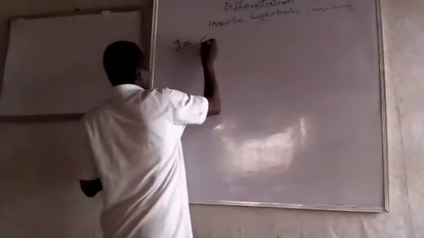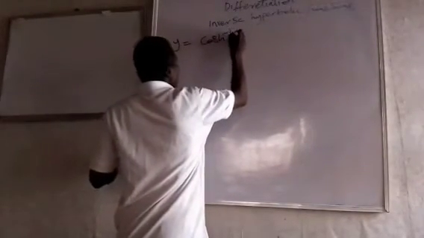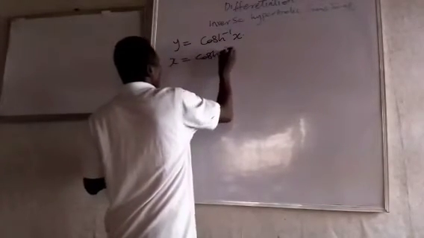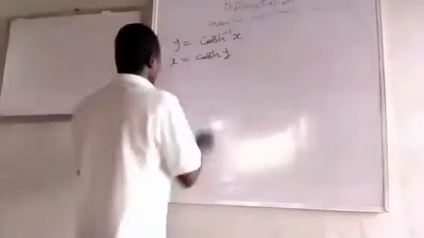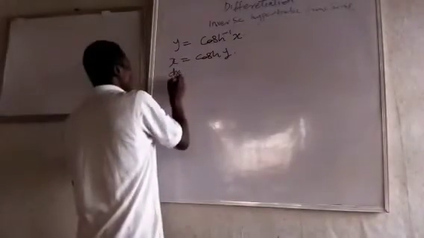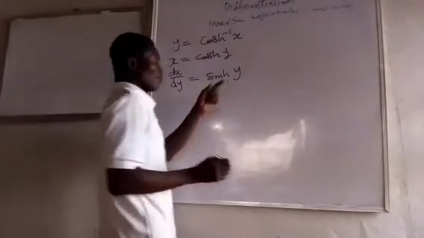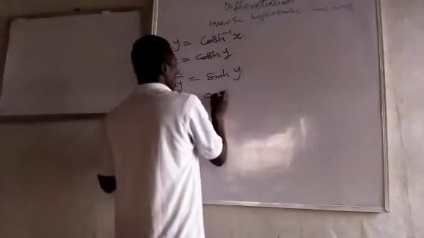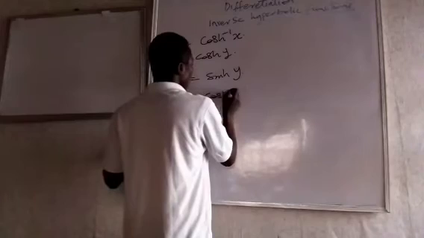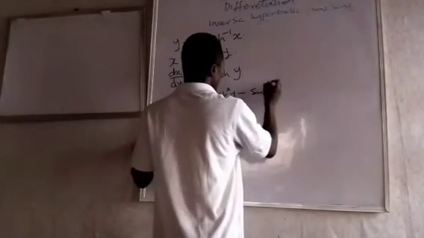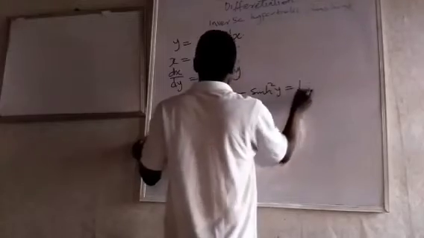Y equals a cos x. Therefore, x is equal to cos y. The dx dy will be, but we know that cos square y minus sin square y is equal to 1.